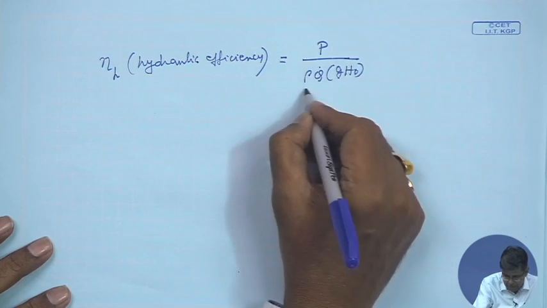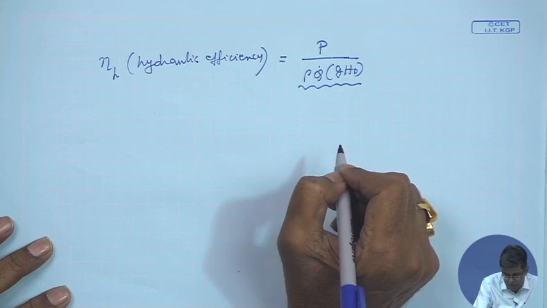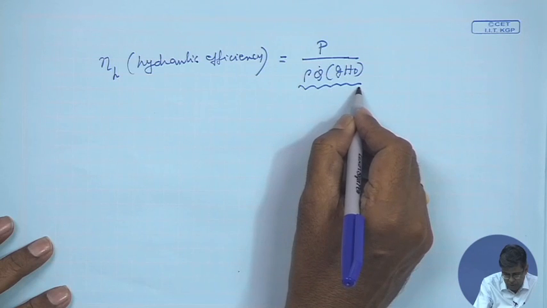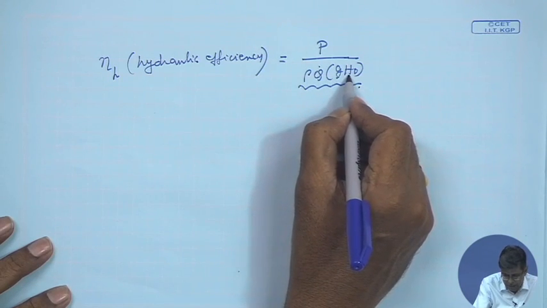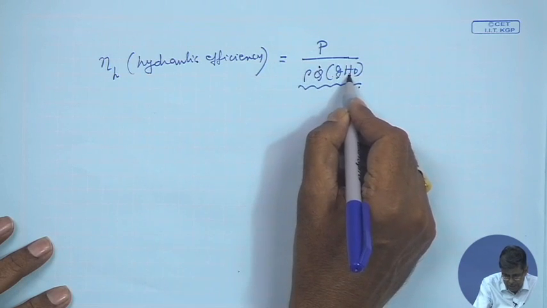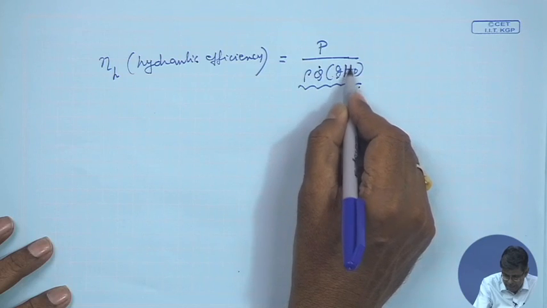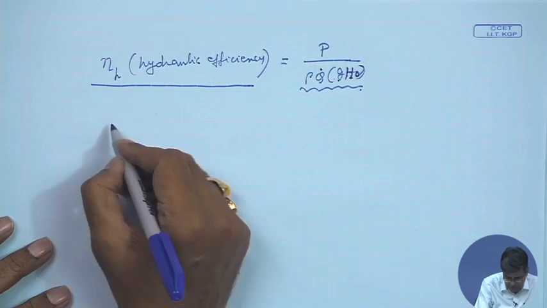That means this is the power at the inlet of the machine, that is at the inlet of the stator, at the inlet of the nozzle. GH0 is the per unit mass energy into rho Q dot. H0 is the head at the inlet or base of the nozzle. So, this is the definition of hydraulic efficiency.